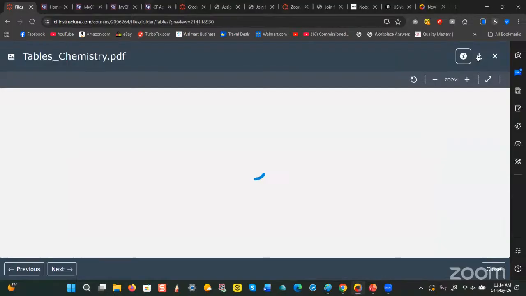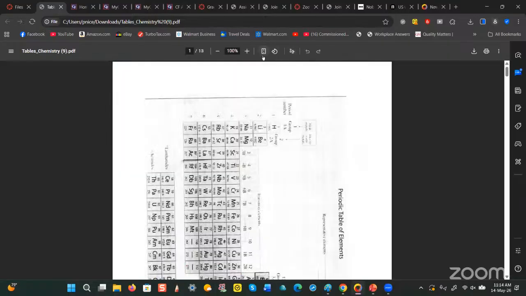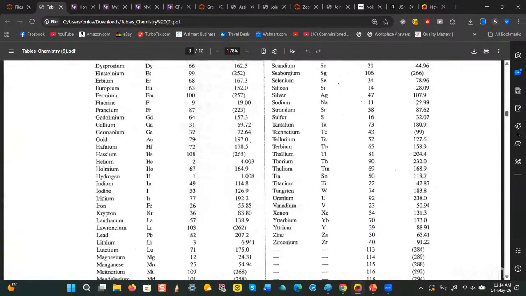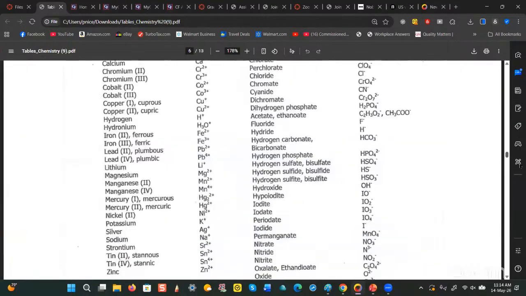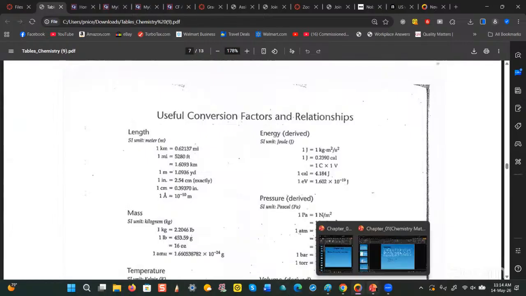And remember, you'll have access to this table while you're doing your tests or exams. So you don't need to memorize stuff and you don't need to print your copy. I'll provide it for you. Okay, so let me scroll down to the conversion factors. Okay, so the relationship between pound and kilograms. Okay, so that's the relationship here. 1 kilogram is equal to 2.2046.